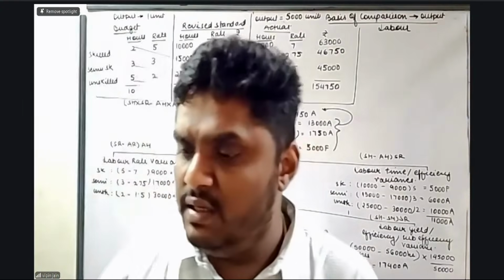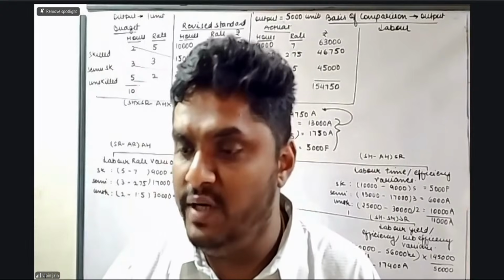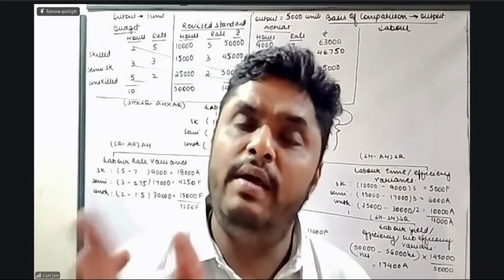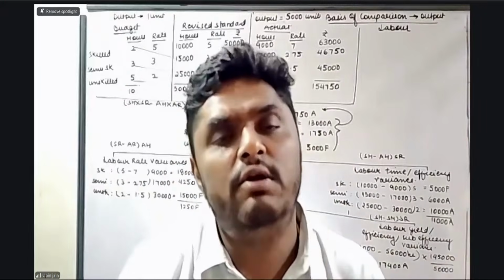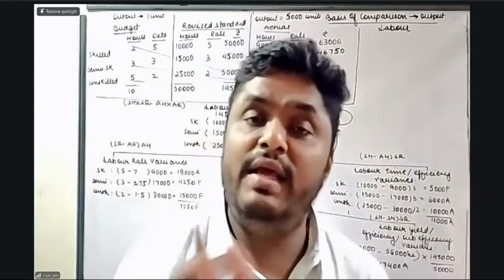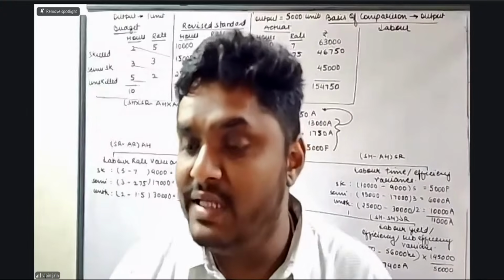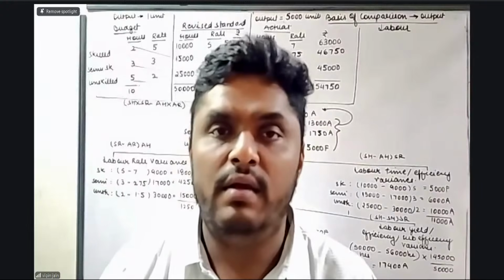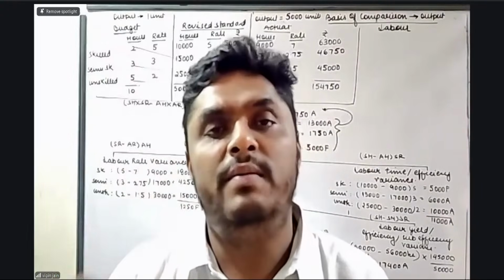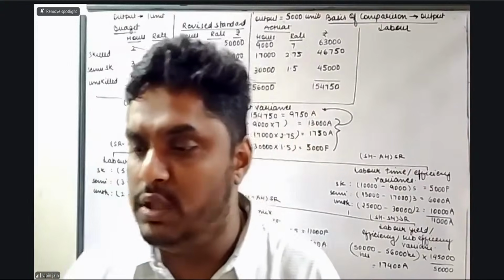Efficiency is measured in terms of hours, not in terms of rate, Pooja. Efficiency means what? For doing a job, how many hours should have been taken and how many hours did you take. That is what we call efficiency. And since all these variances are to be measured in monetary terms, that's why we multiplied it by the standard rate, Pooja.